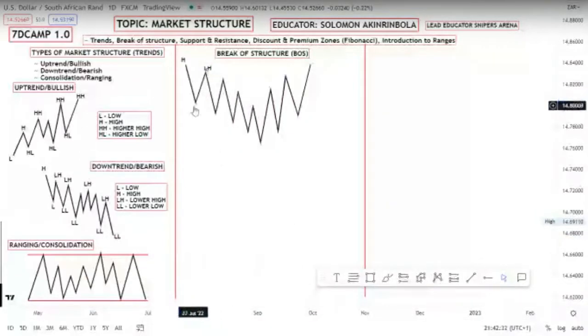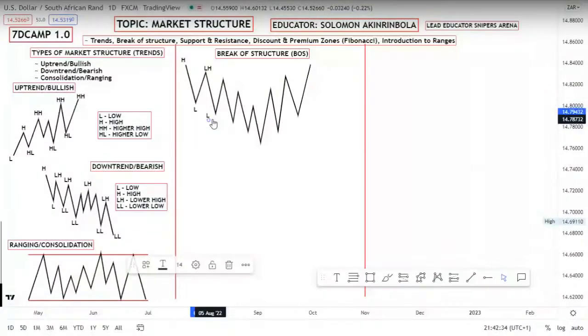Then it went down again to give us a lower low. And we have this lower high, lower high, lower high.